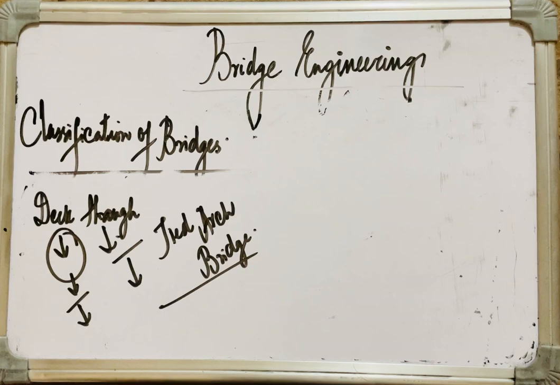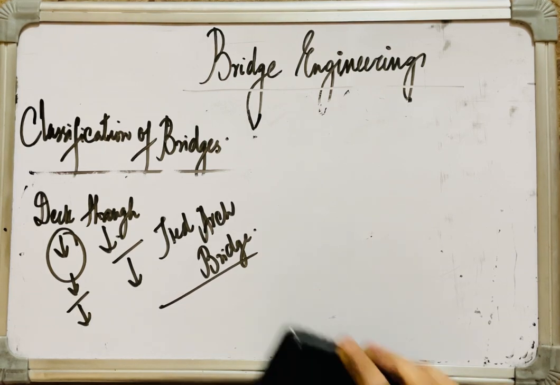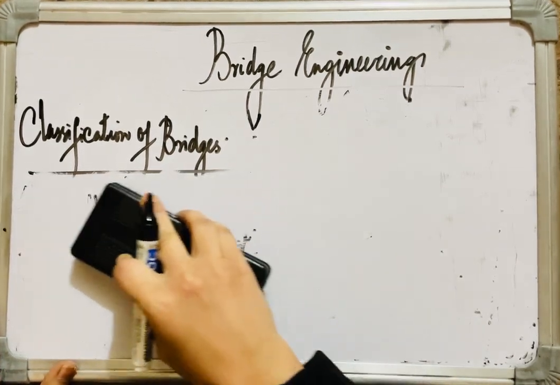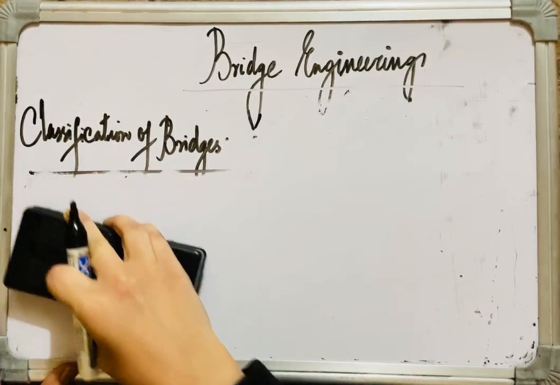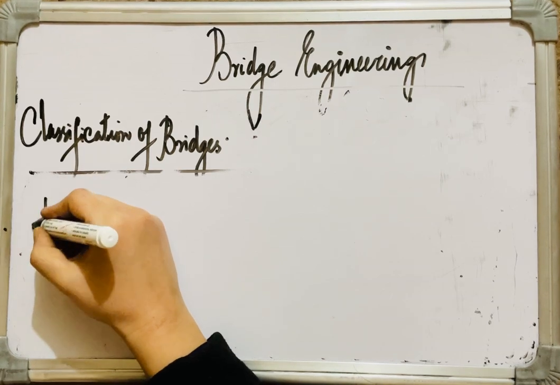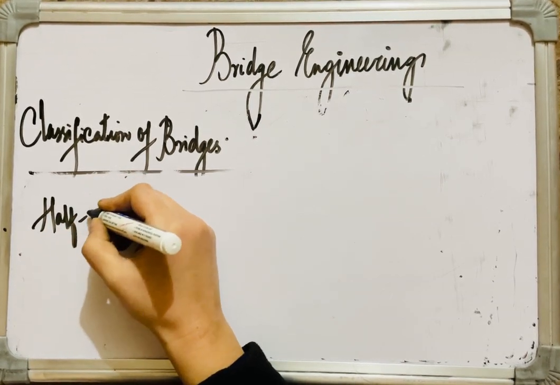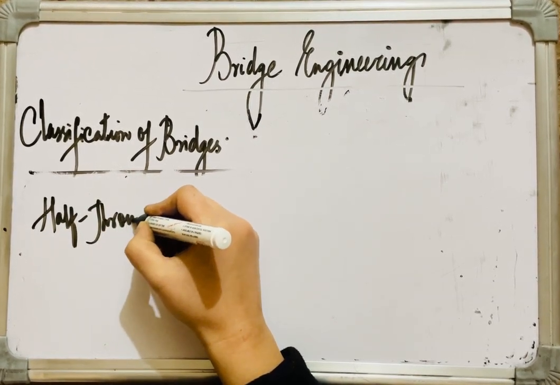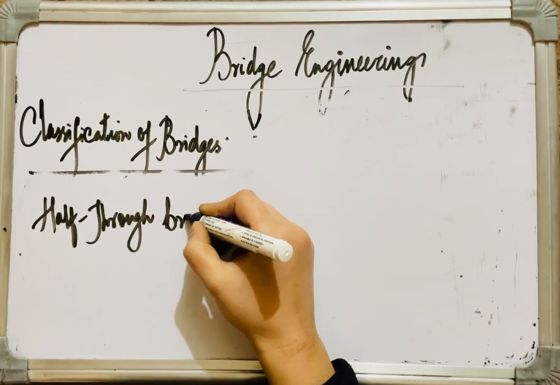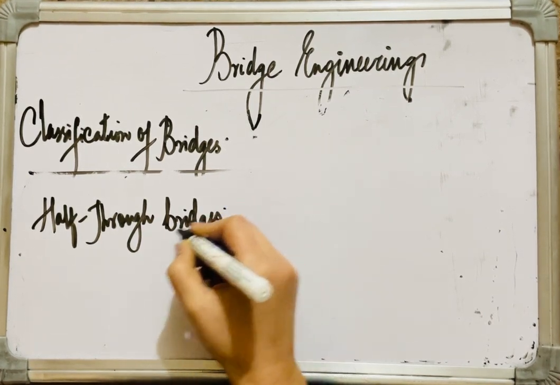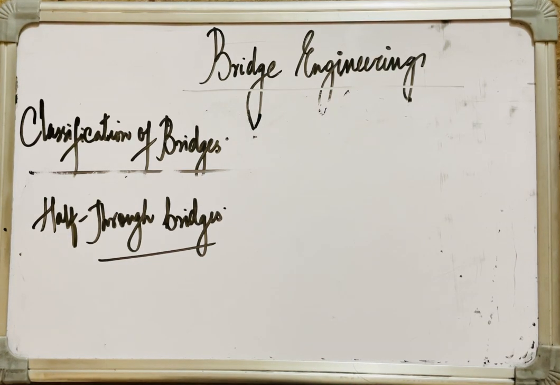In some cases, the deck is located at the middle of the supporting structures. Those types of bridges are known as half-through bridges. I'll show you diagrammatically.